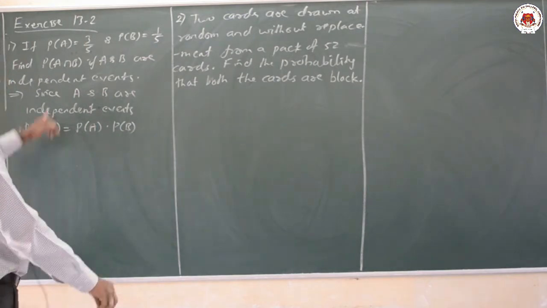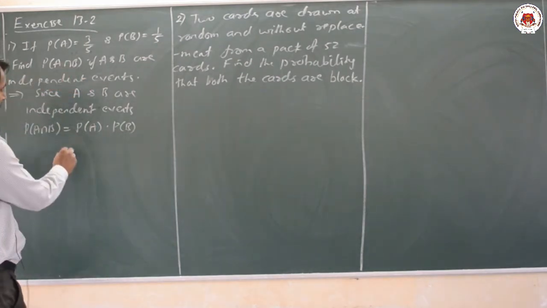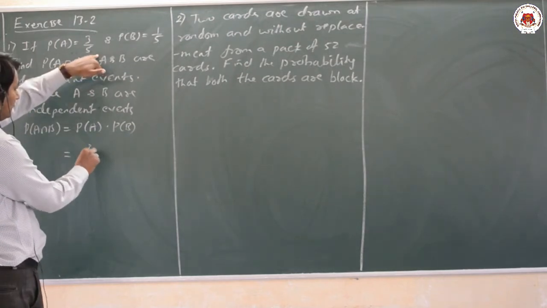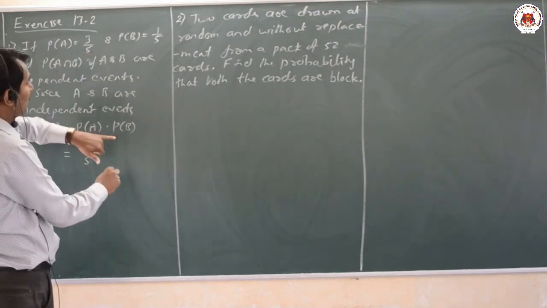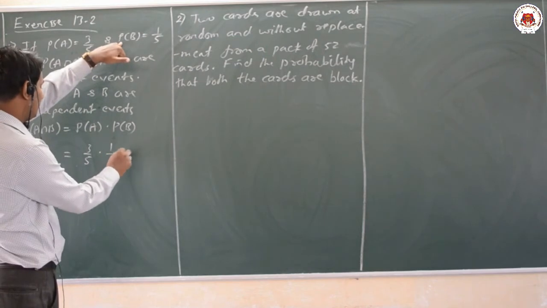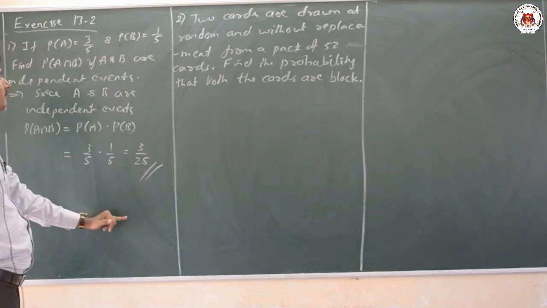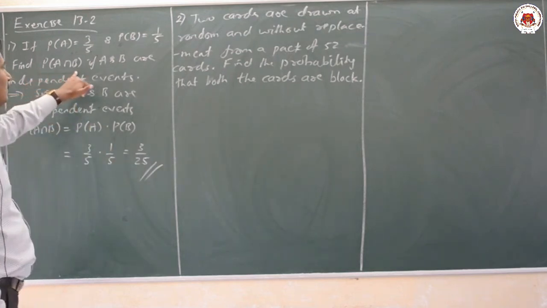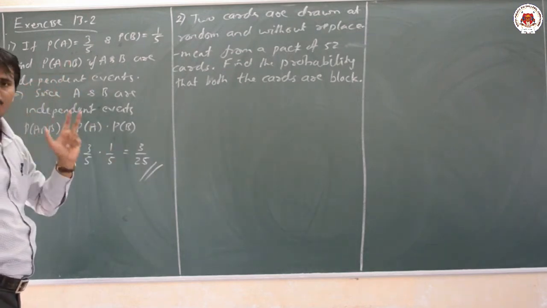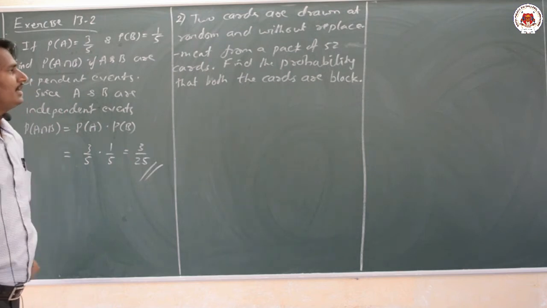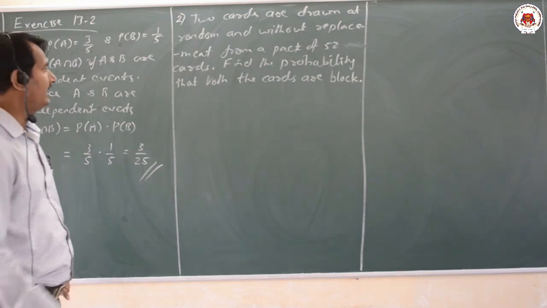That means P of A intersection B is required to be found here. Now what is the value of P of A? That is 3 by 5, into P of B. What is the P of B value? That is 1 by 5. That means we get 3 divided by 25, and that is our required result for P of A intersection B. Very simple example. Okay, dear students, now let us move on to the second example.